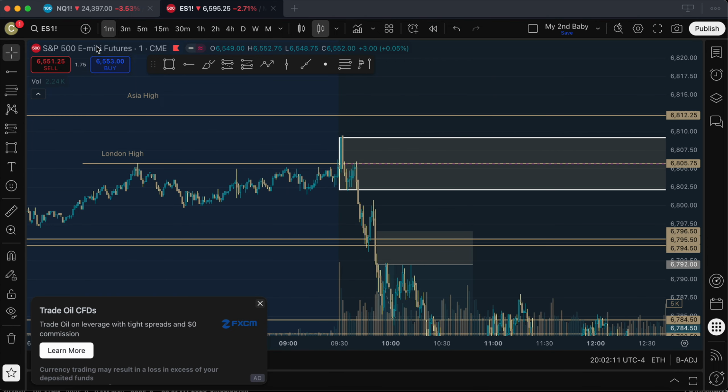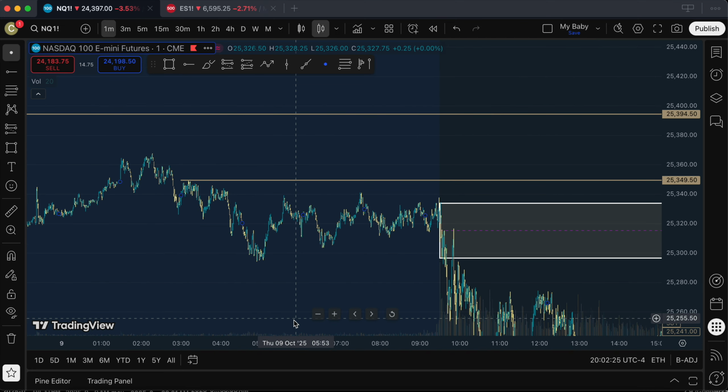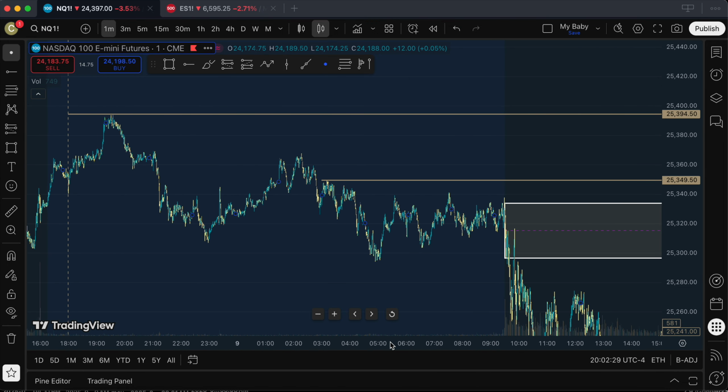You wouldn't enter, and you'd wait for that liquidity sweep. If price does break Asian highs, then we can go and hunt, say, previous day highs on NQ, right? So you want to go and back test this as much as you can. Look for liquidity sweeps and always look on both NQ and ES to confirm a trade.